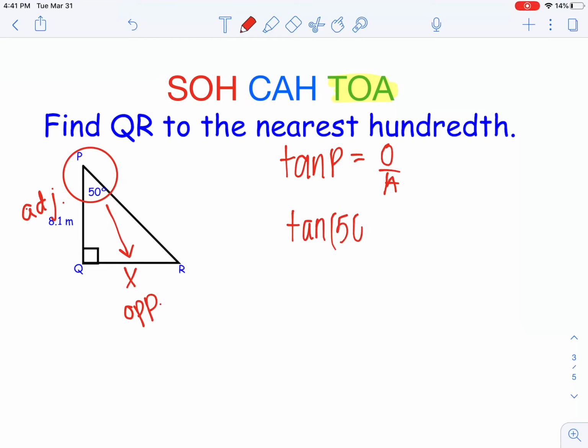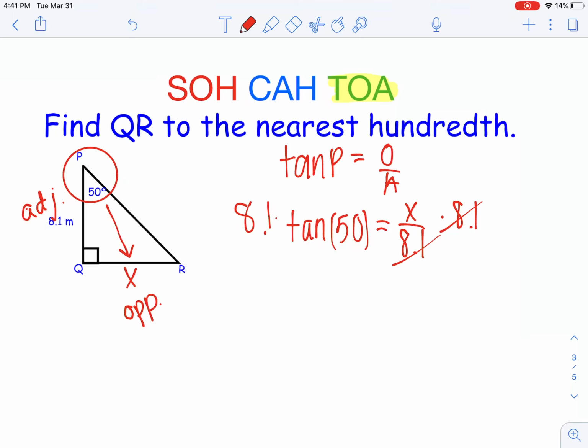I know that my angle is 50 degrees. My opposite side I am calling x, and my adjacent side we know is 8.1. So if we're solving for x, we can multiply both sides by 8.1. That gets the 8.1 out of the denominator.